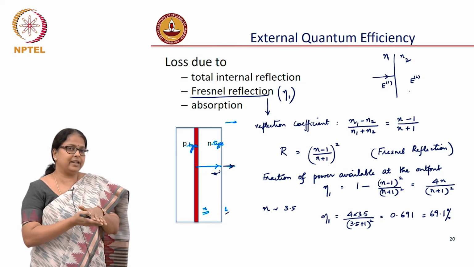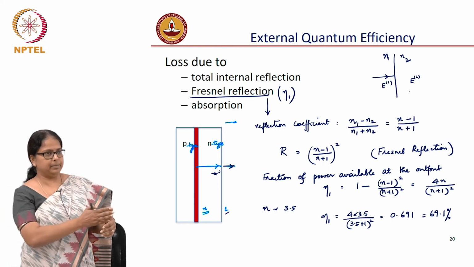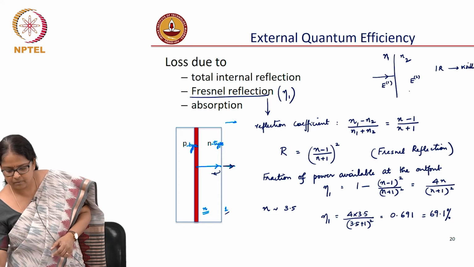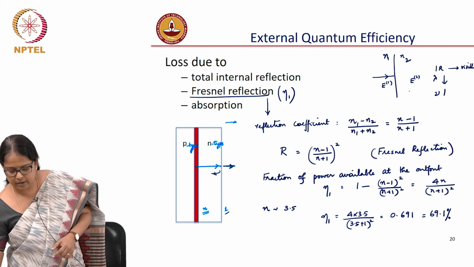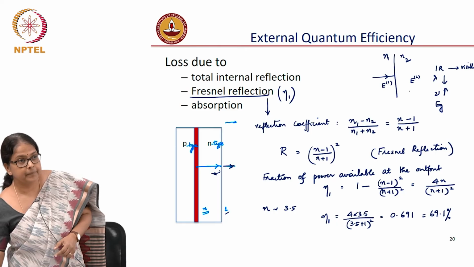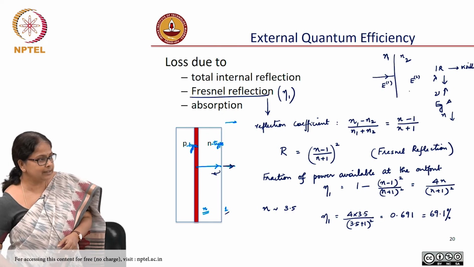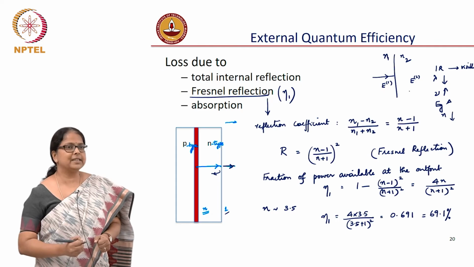That is how the double heterostructure became. So, as your wavelength goes from IR to visible, your lambda decreases, frequency increases, band gap increases, n decreases, and when n decreases, your efficiency because of Fresnel coefficient will start.